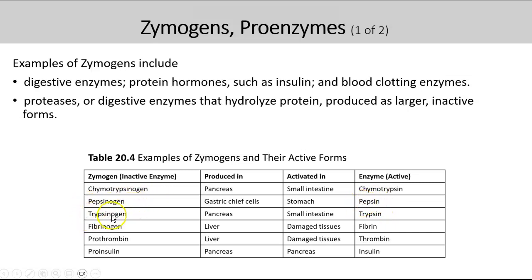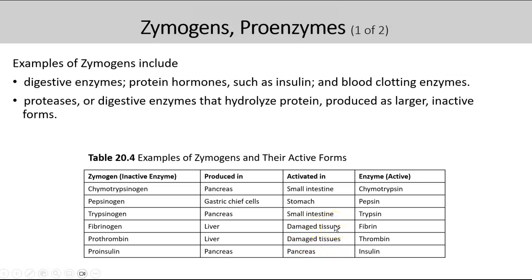Chymotrypsinogen, pepsinogen, trypsinogen, these are some digestive enzymes. And fibrinogen, prothrombin, these are actually blood clotting enzymes that are produced in the liver but activated at damaged tissues.